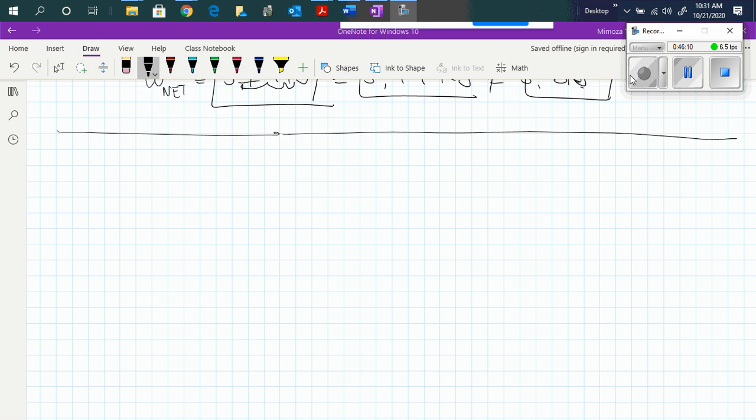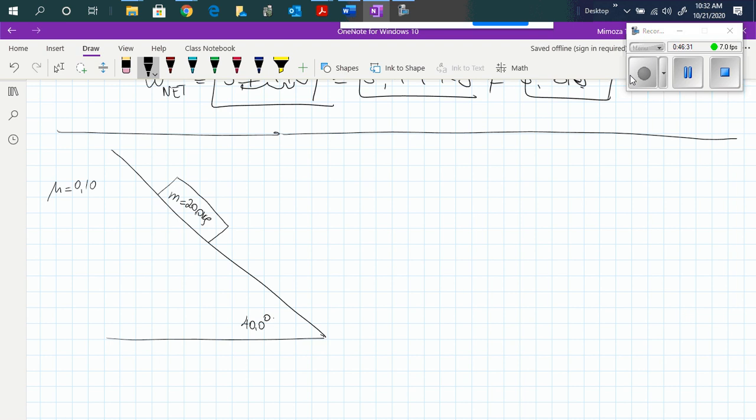Now, if we have an incline at, let's say, a 40-degree angle, and we have an object here that starts at rest with a mass of, let's say, 20 kilograms, and we have a coefficient of friction of 0.10, let's figure out everything.